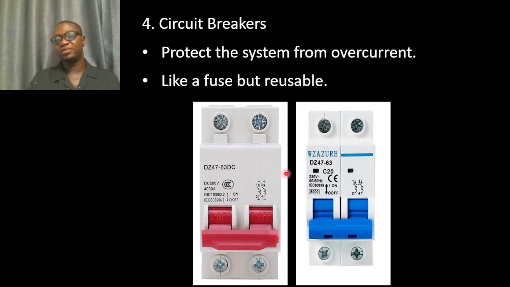We have this one, a DC breaker, and this an AC breaker. They protect the other things connected beneath them. When there is any overvoltage beyond what the breaker can handle, they will trip off. So that is their use.